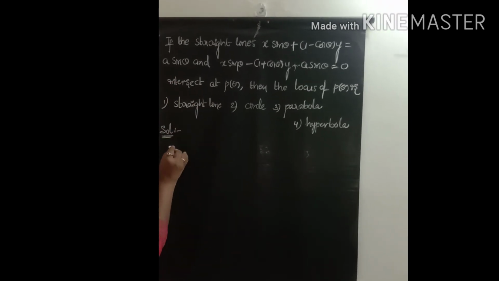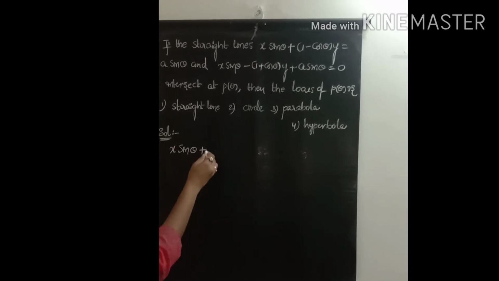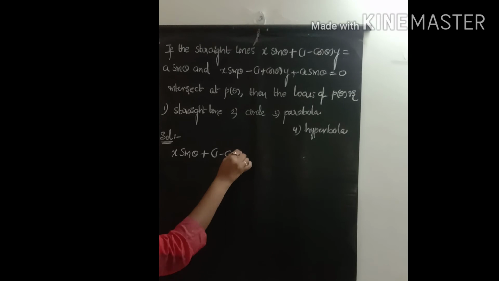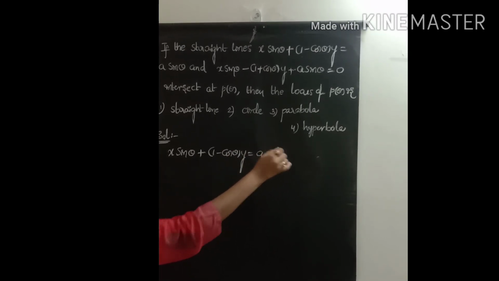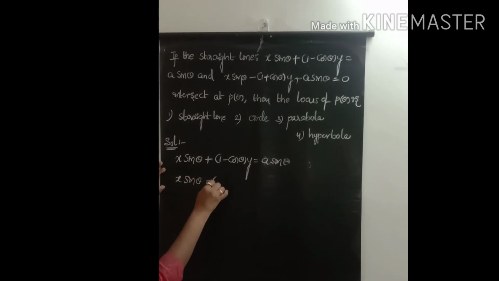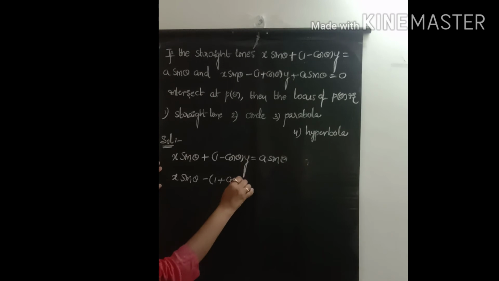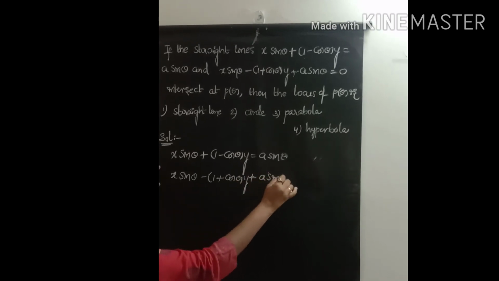So first we take the given lines. The first line is x sin θ + (1 − cos θ) y = a sin θ, and the second line is x sin θ − (1 + cos θ) y + a sin θ = 0.